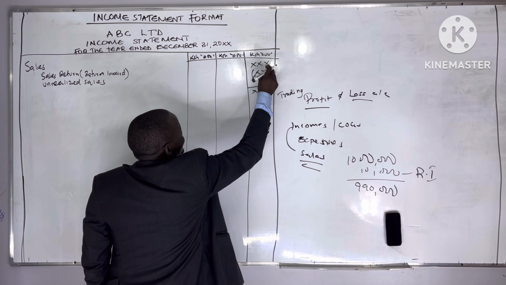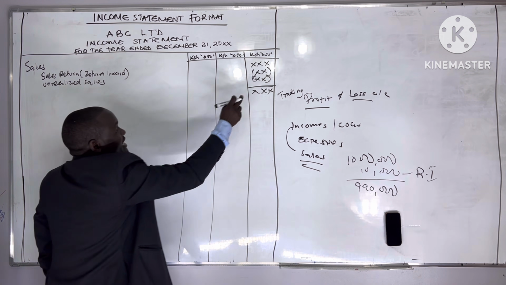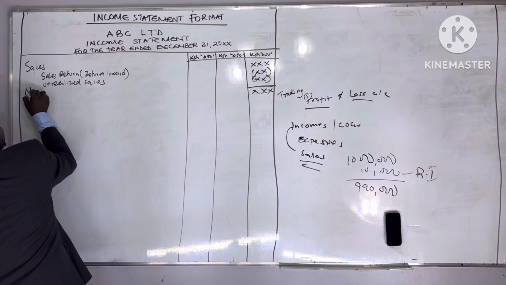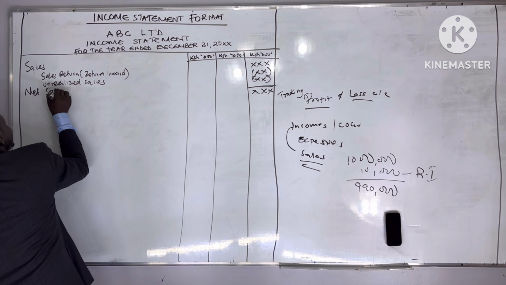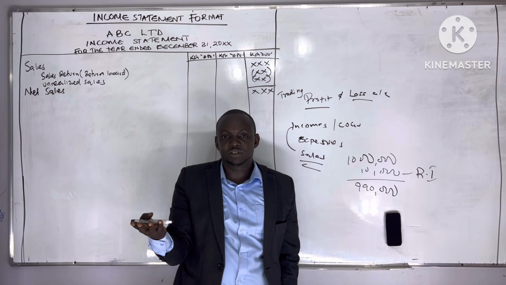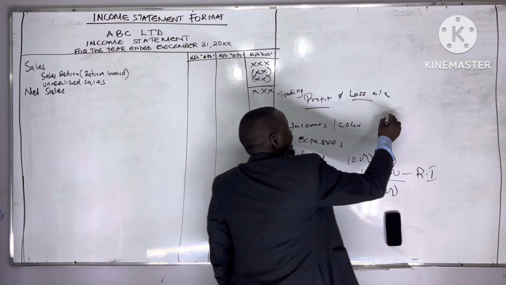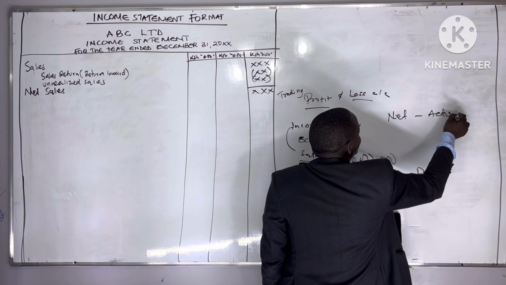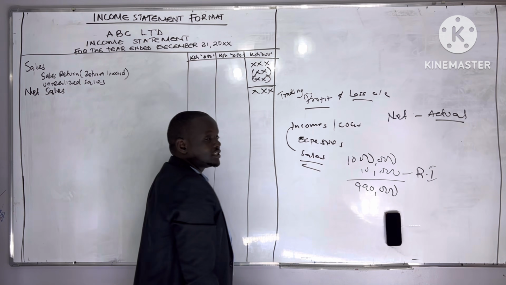After taking this minus this, you get what we call actual sales or net sales. Net refers to the actual, what you have actually sold.